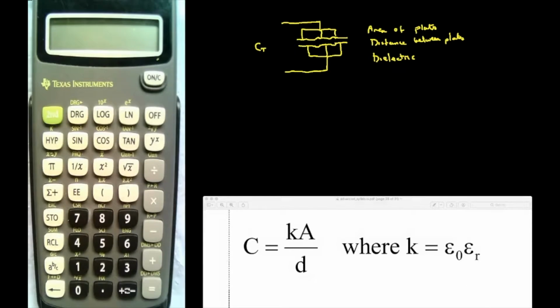Well, it's quite useful that we were just talking about capacitors and what determines capacitance. If we actually wanted to find out what the value of a capacitor was, we could use this formula if we knew some things about the physical makeup of the capacitor.